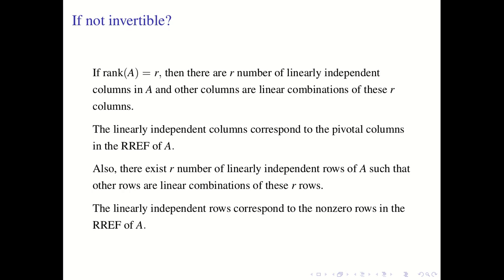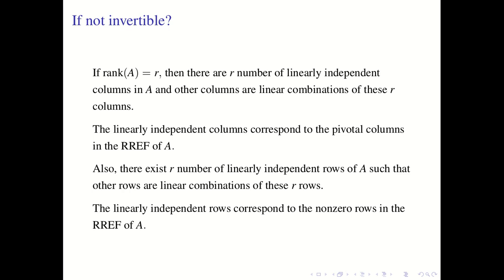The linearly independent columns correspond to the pivotal columns in RREF of A. So we have R linearly independent columns in A, and other columns are linear combinations of these R columns. Also, you look at the R rows of A which are non-zero, which corresponds to the non-zero rows in the row reduced echelon form.